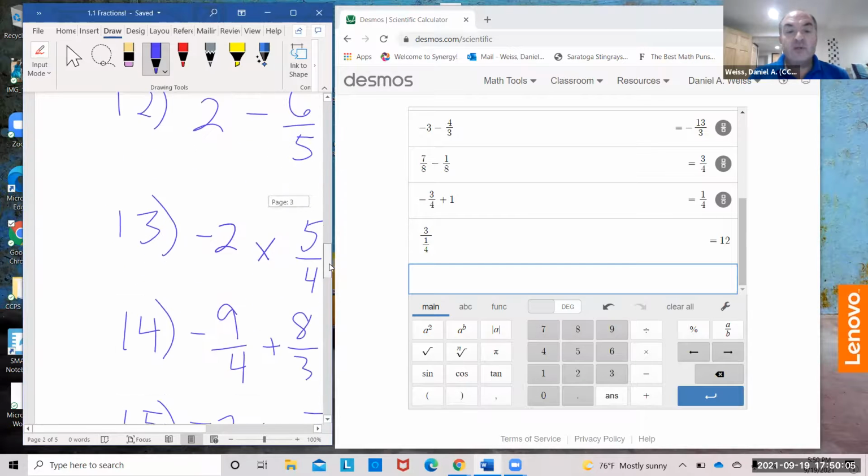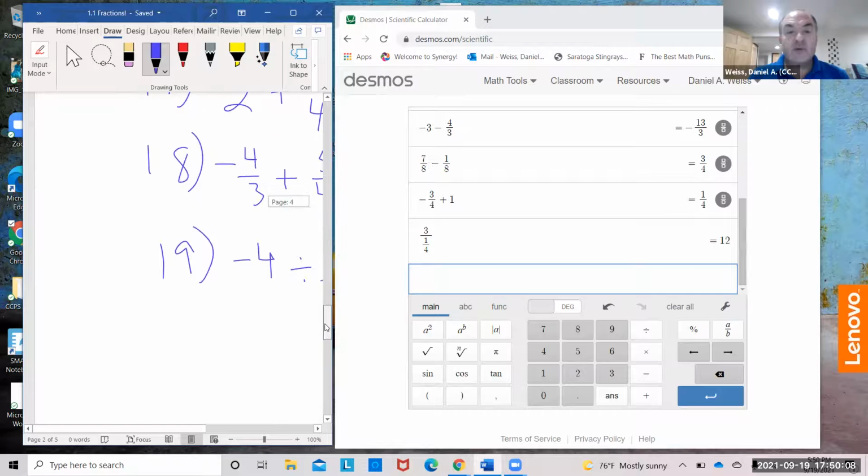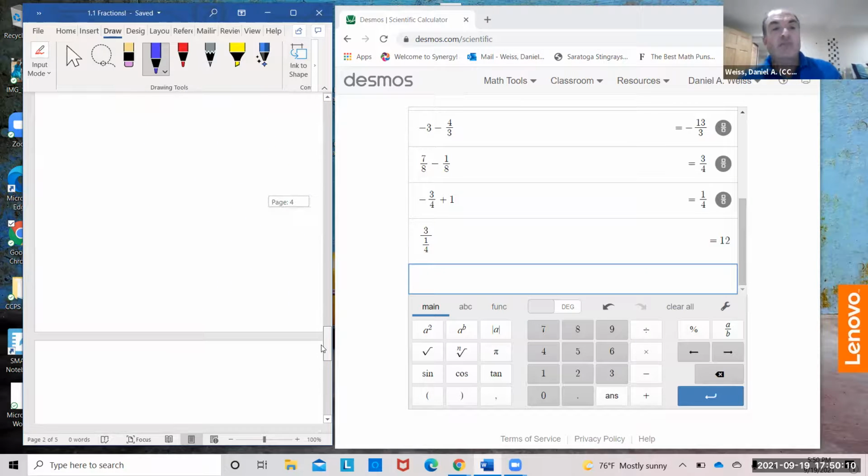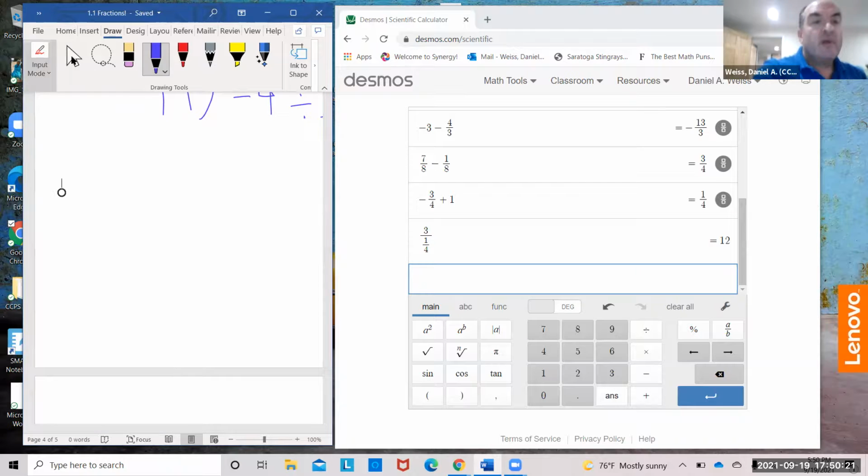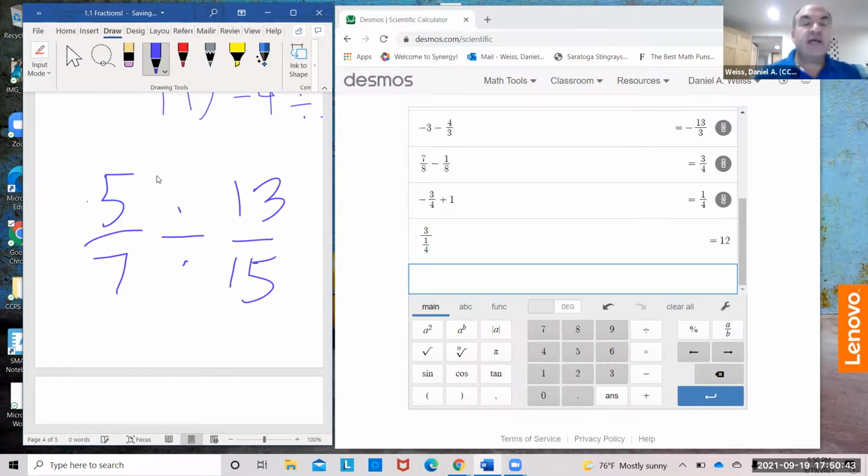I want to make up a problem here. What if I had, say, I don't know, 5 over 7 divided by 13/15, some crazy thing like that?